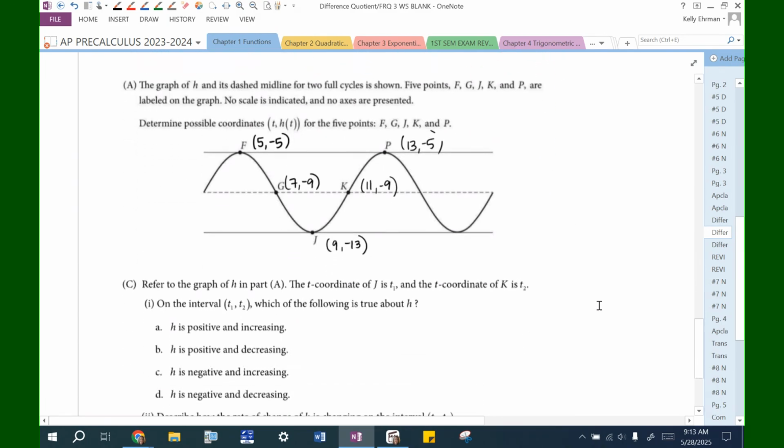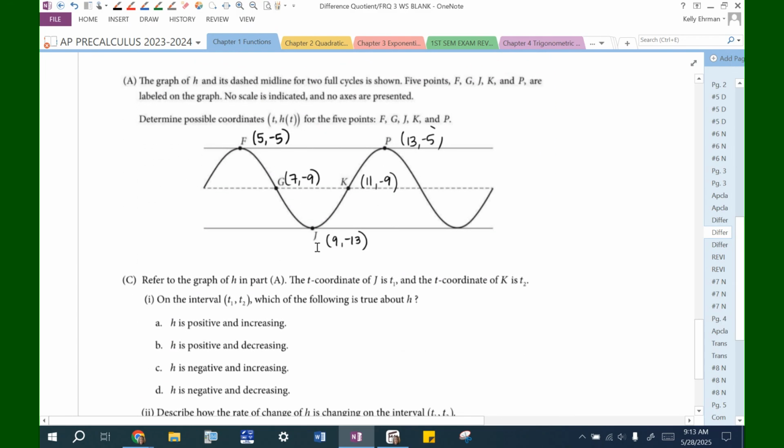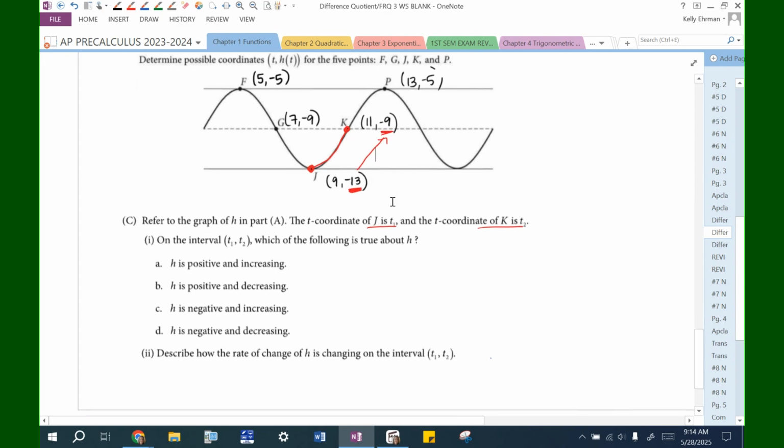All right, same thing, new points. So now you can see our points are listed here. This time we're looking from J to K. Here's J, here's K. This section here. So what about those y values? We're going from negative 13 up to negative 9. So those are both negatives. So H is negative.